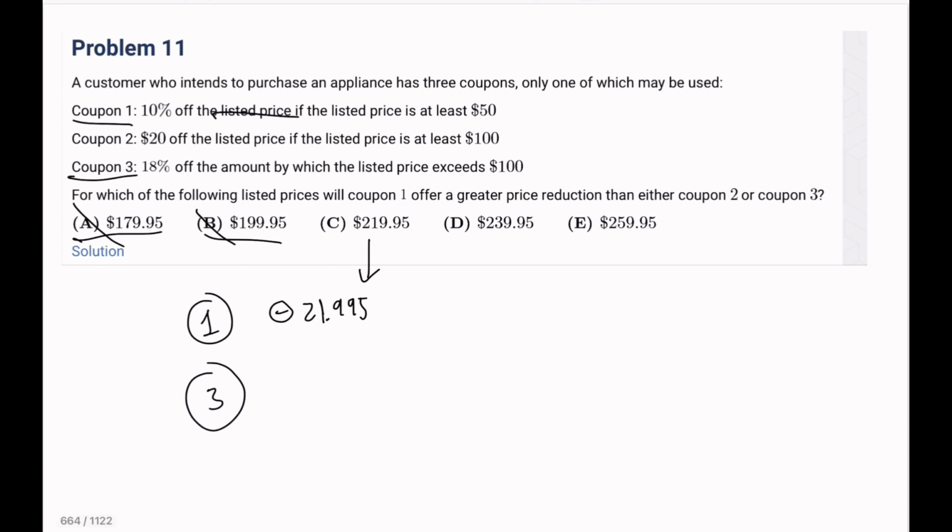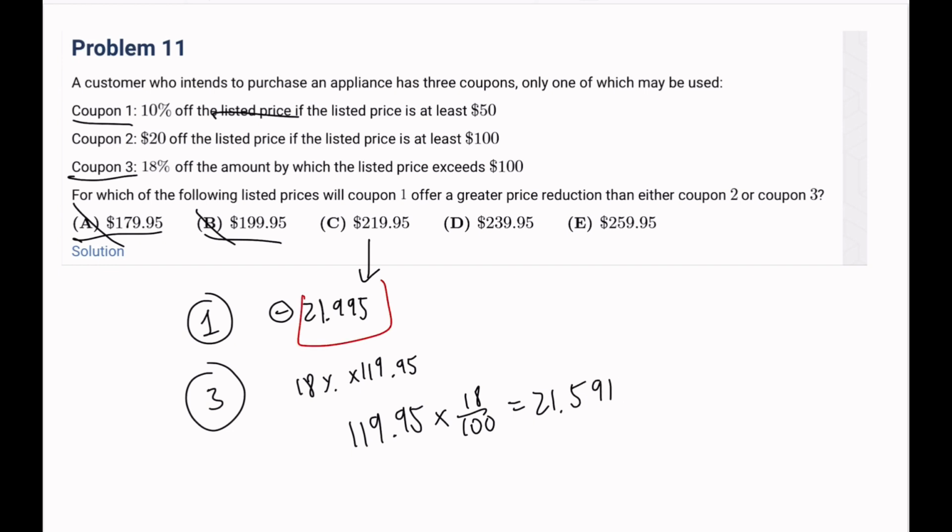So this is 18% times 119.95. And 119.95 multiplied by 18%, which is 18 over 100, will be $21.5910, right? We can right away see that 21.995 is more than 21.591, and thus C is the answer. Yeah, we got the answer right away. So the answer is C.